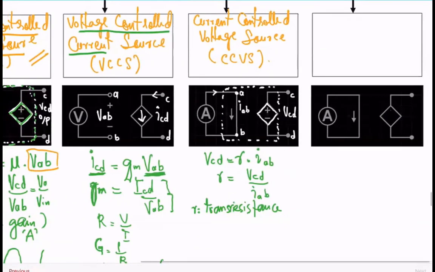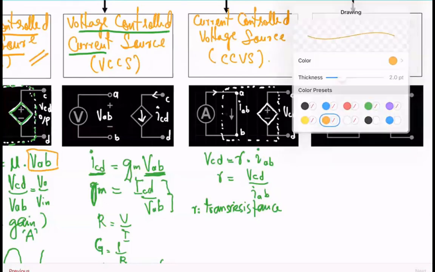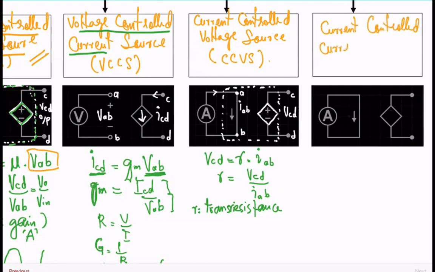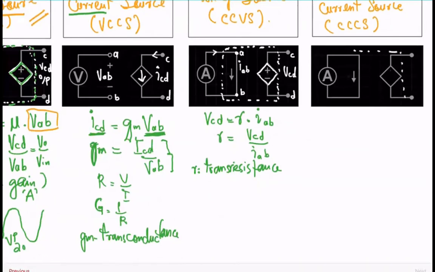Let's move on to the last kind of source. This is going to be the current controlled current source, also referred to as CCCS. Okay, again, remember that you have the input part of the circuit and the output part of the circuit, which are connected like this.